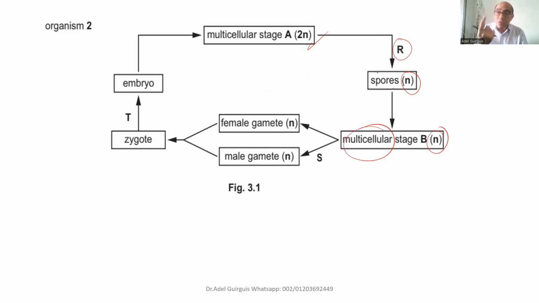As you know, spores are unicellular. Now multicellular stage B, by process S, forms the female gamete N and the male gamete N also. They fuse together to form a zygote. Then by process T, the zygote changes into an embryo, then multicellular stage A. Okay.